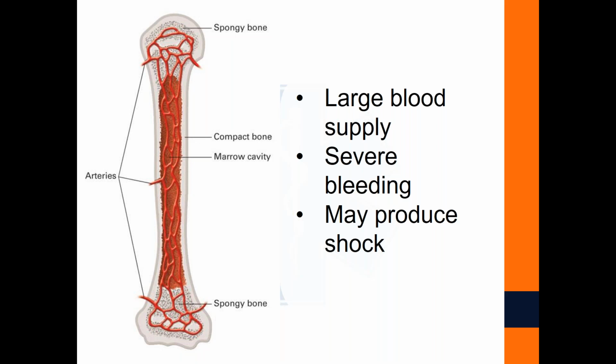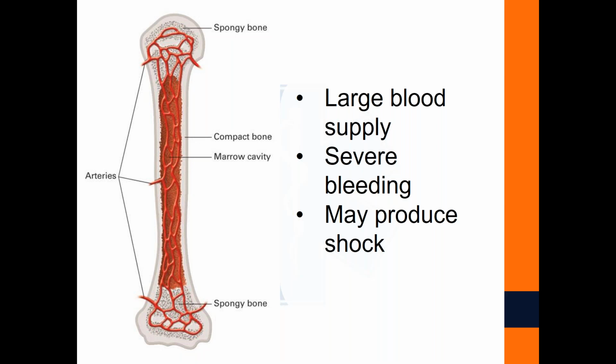A single femur fracture all by itself can wind up with a blood loss of somewhere between 1 and 2 liters of blood just pouring out of our patient's vascular system. Now, your average adult only has about 4 to 5 liters of blood to begin with.